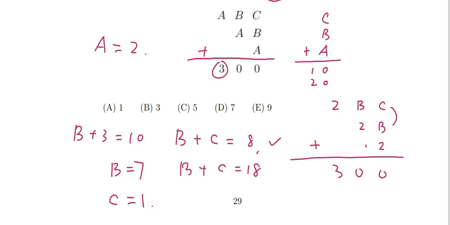If this is okay, we get a result: c equals 1. If this is not okay, we also check the other case. If b plus c equals 18, then both b and c should be 9. Also we find this way, 9, 9. This way, maybe not okay, right?